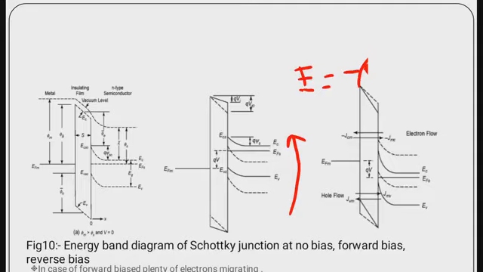As the level goes up, electrons easily pour from this level to the metal side, and these carriers are called hot carriers, and this process is called thermionic emission, by which the electrons pour from this side to this side and we get current. This is called thermionic emission.